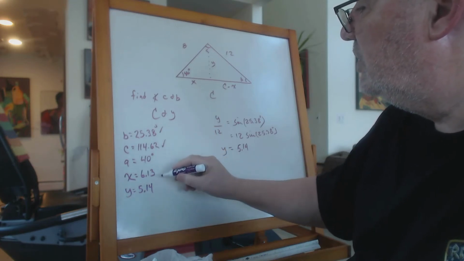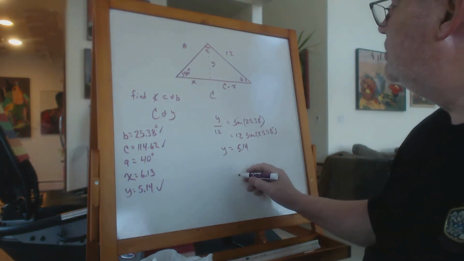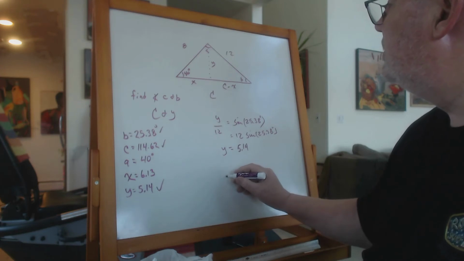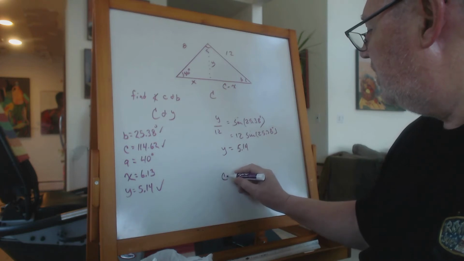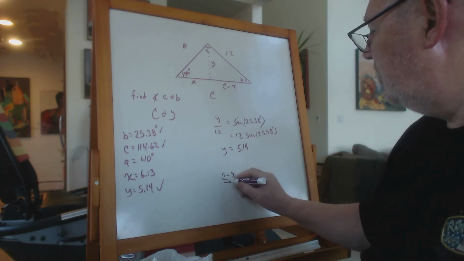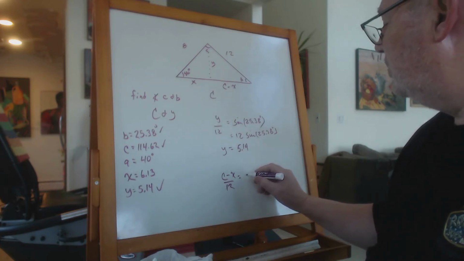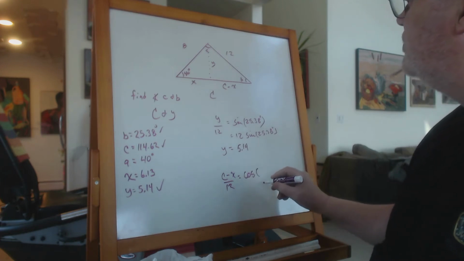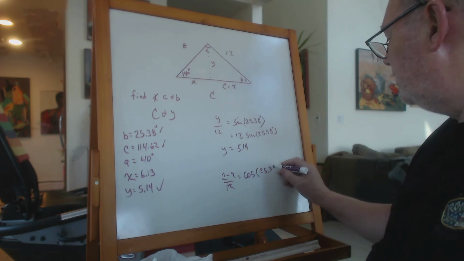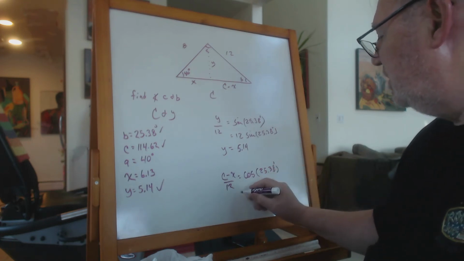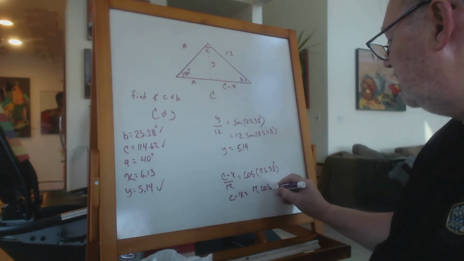So we've got 1, 2, and 3 of the 4 that we need. So c minus x over 12 equals cosine of 25.38 degrees. C minus x equals 12 cosine 25.38 degrees.